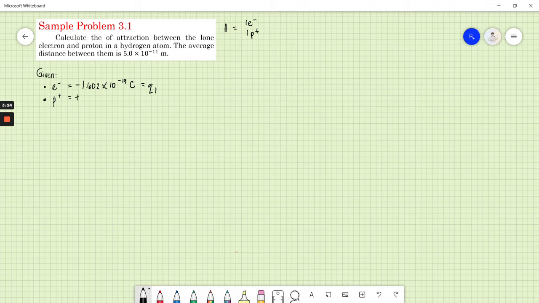So proton has a quantity of charge of positive 1.602 times 10 raised to negative 19 coulombs. And what we're going to do, we're going to call that our Q2. Okay, and the last thing that is given to us is the distance. We know that the distance between this Q1 and Q2 is 5.0 times 10 raised to negative 11 meters.